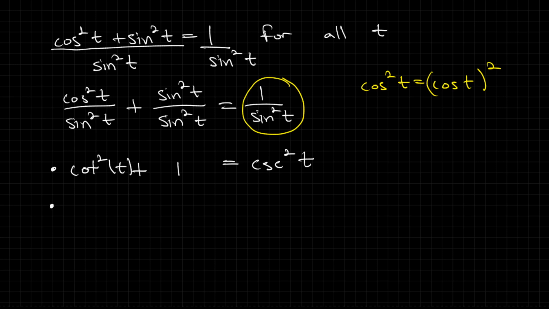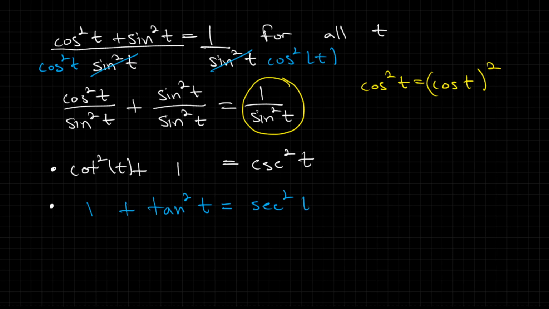Another form can be attained if instead of, at the very first step, dividing by sine squared, you divide by cosine squared t. If you divide both sides by cosine squared t, then what you get is 1 plus tangent squared t is equal to secant squared t.